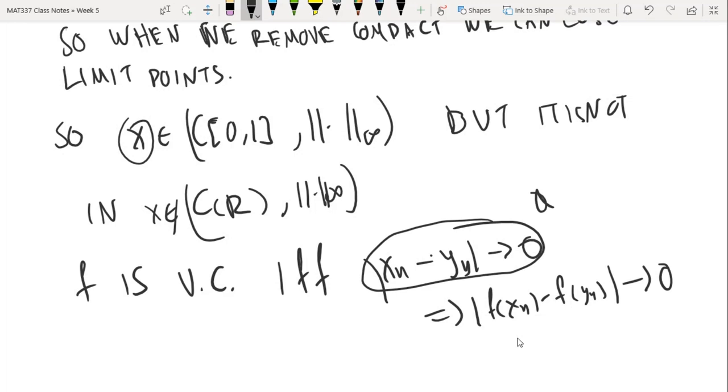Now, of course, you can add other properties, but this should be one of them. You can add, for example, maybe you want xn, yn to be 1 over n, or is that what you said? So yeah, they can go faster, but they have to go to 0. Sangu, is that what you meant?